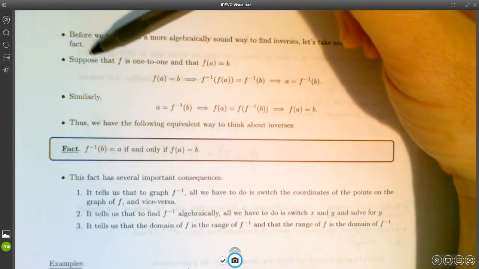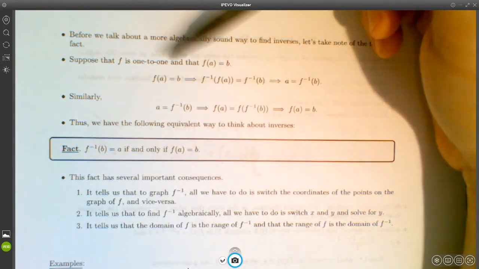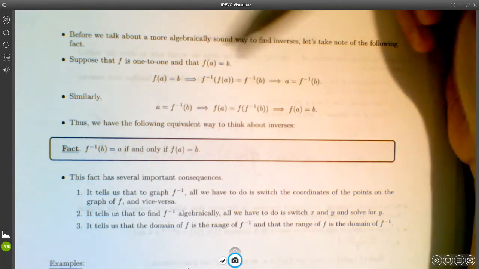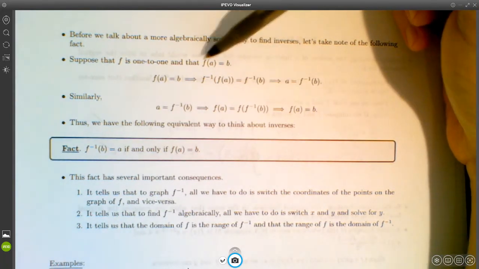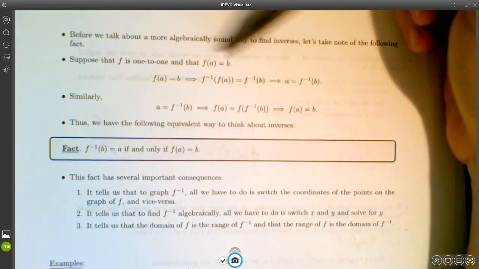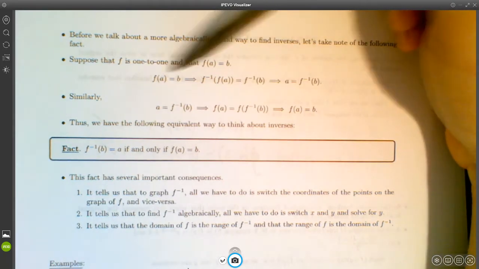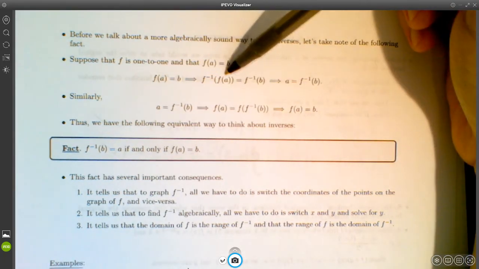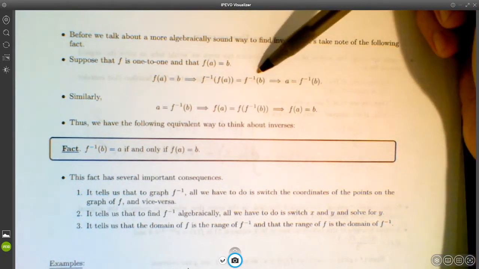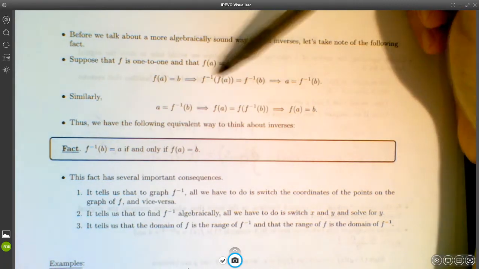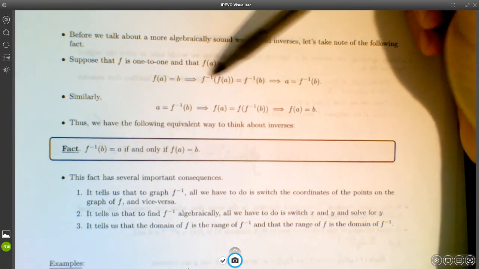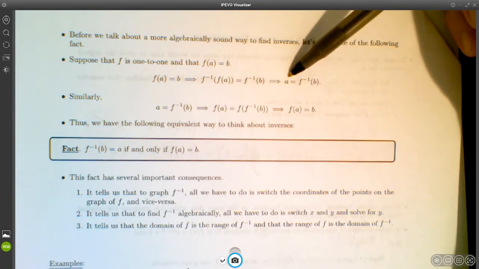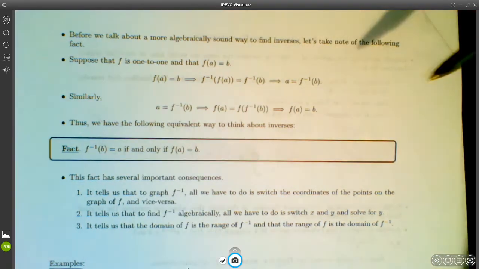Okay, so first of all, suppose that f is 1 to 1 and that f of a equals b. If that's the case, you can take f inverse of both sides of this function, right? F of a equals b implies that f inverse of f of a equals f inverse of b. Well, f inverse undoes f, right? So f inverse of f of a is just going to be a. So you're going to get a equals f inverse of b.